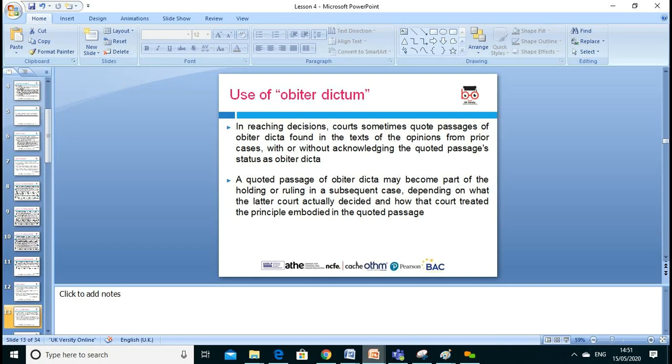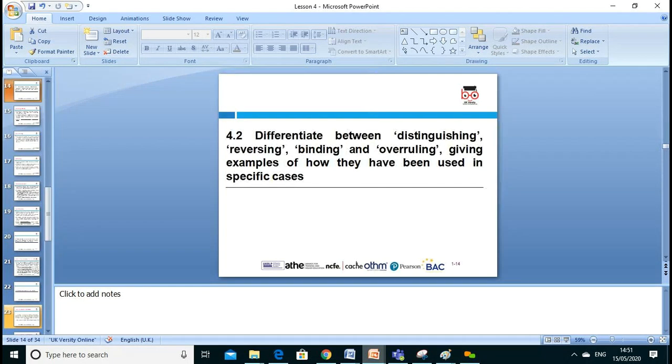So, as in this case, we can refer back and quote the passage, which may become part of the holding or ruling in the subsequent case, depending on what the later court decides and how it treats the principle embedded in the quoted passage. Anybody, any question?